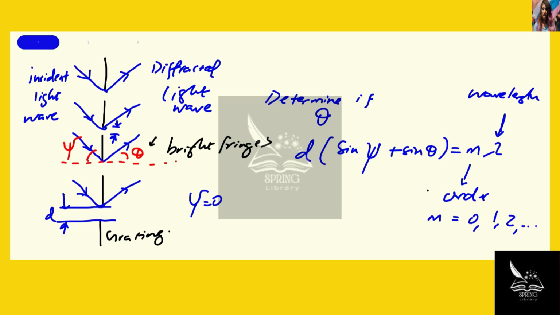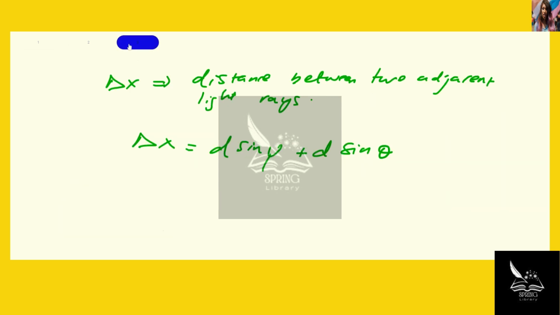I know you're thinking, how did you get d sine phi, d sine theta? Just going back to emphasize, if this happened to be a triangle and this angle is phi, and this is d, for example, and the reason why it's d is that if you think of this as your opening, that's going to be d. And we want to call this the hypotenuse.